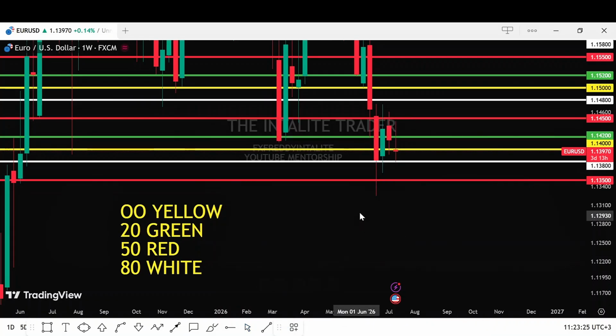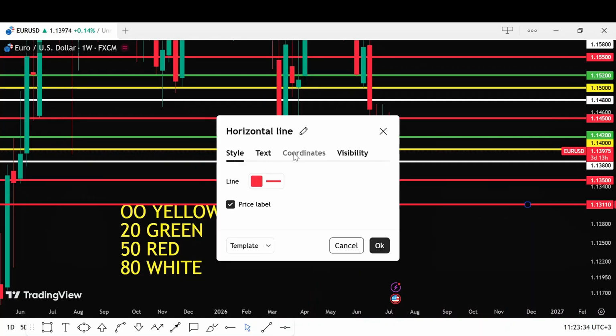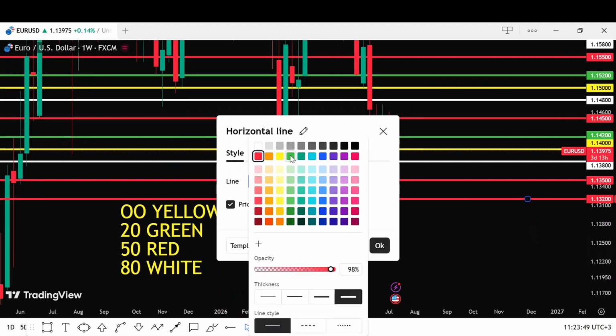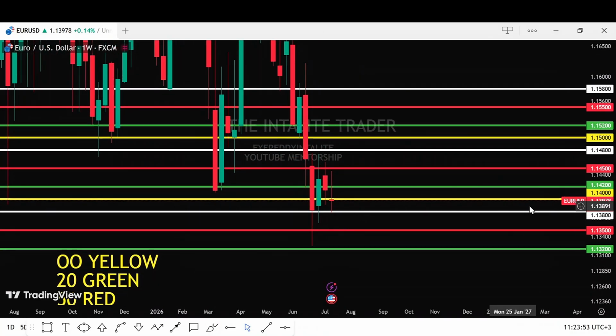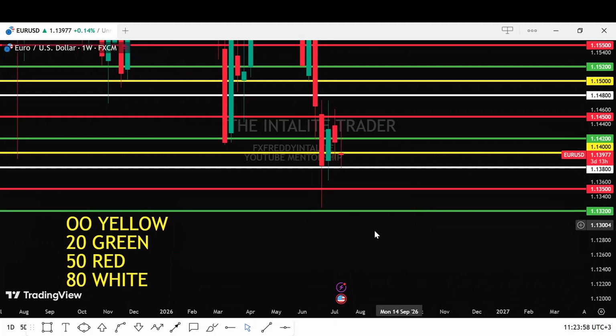Then we come to this, we mark it, which is the 20 level, 1.1320, and we said the 20 level is green, so we give it green. Say OK. So these are the institutional levels.